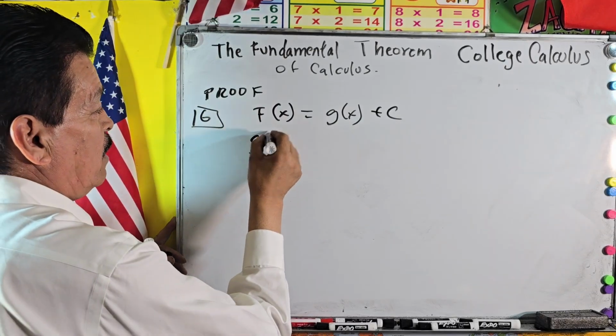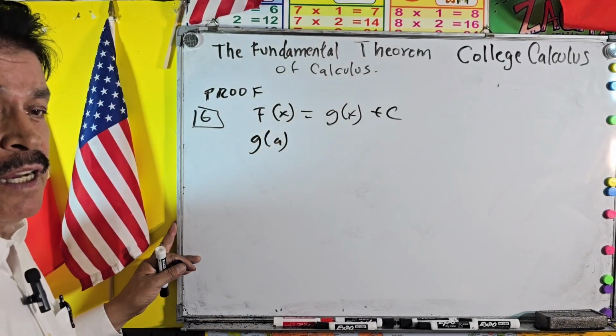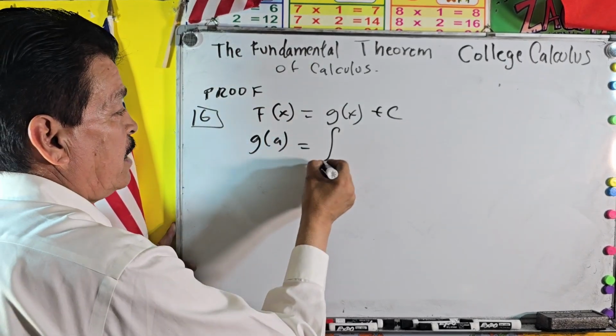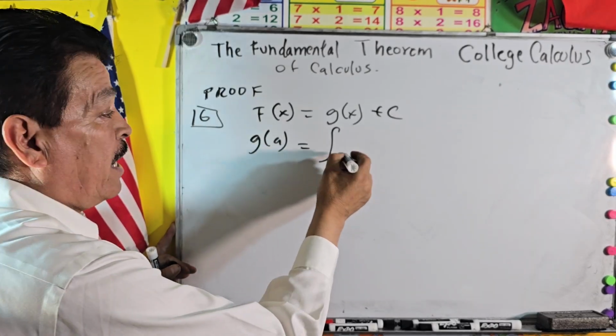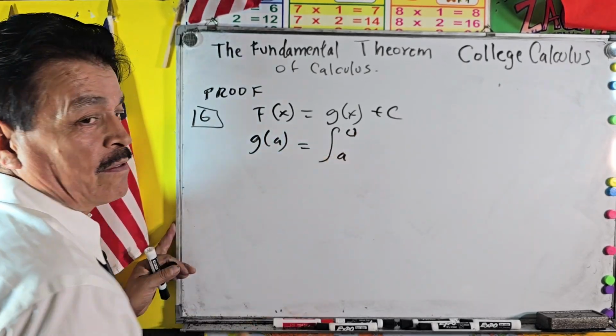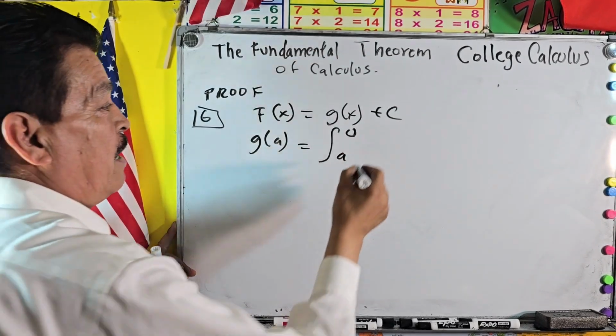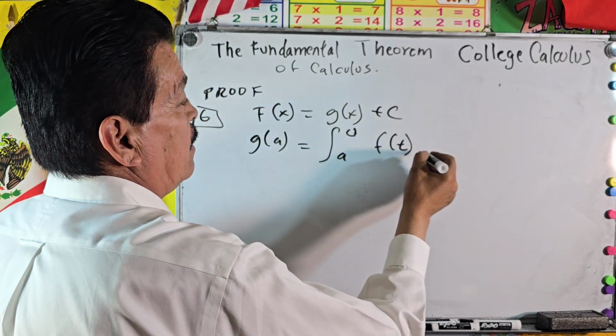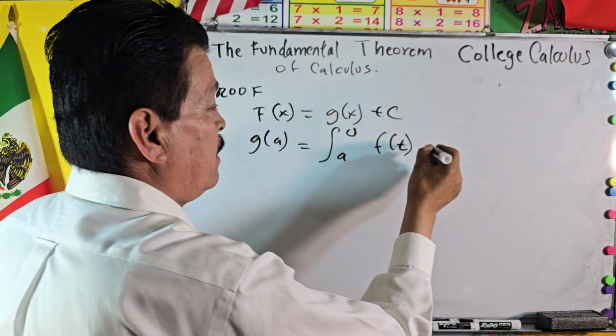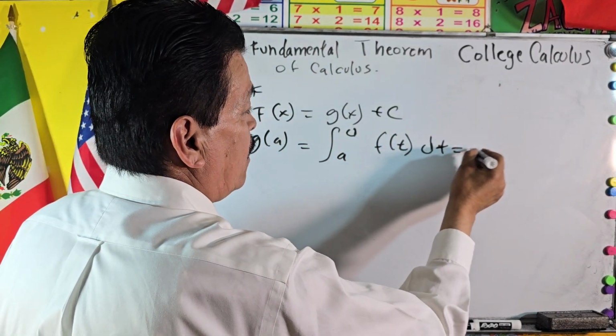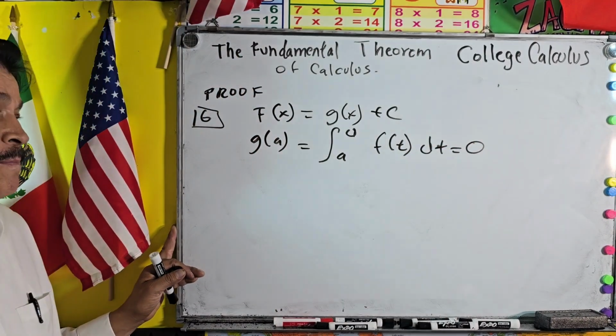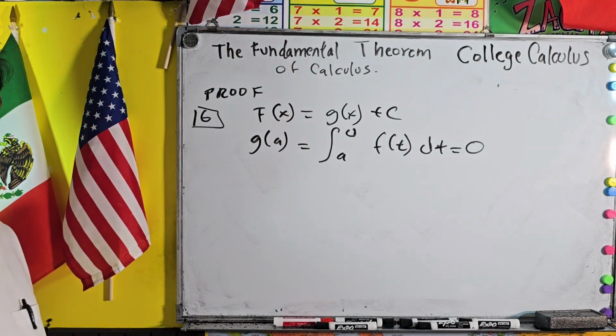So I will prove this. We will have g of a right here equals the integral from a to a of f of t derivative equals 0, right? So we are there.